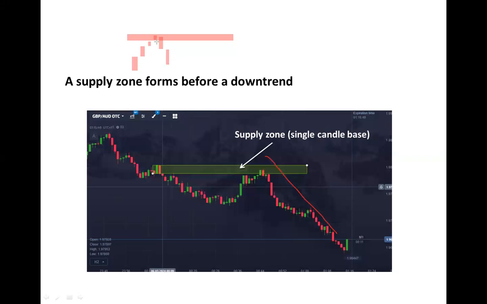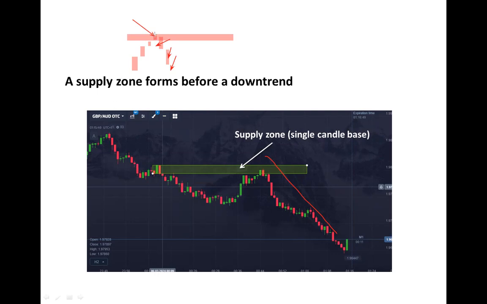The zone here we call a single candle base because this is the last green candle before we have this strong sellers movement to the downside. So the last green candle is the single candle base.